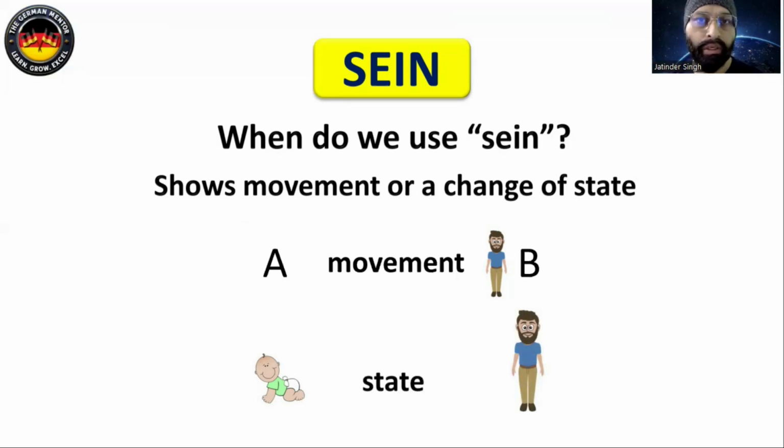Earlier you were a child, now you are an adult. So in these two situations, where there is a movement from one place to another, and when there is a change of state or condition, we most often use the sein verb as a helping verb while making sentences in the past form. So these two factors are very important.